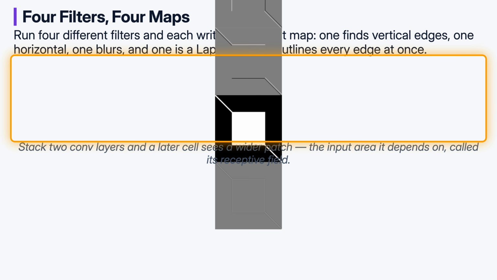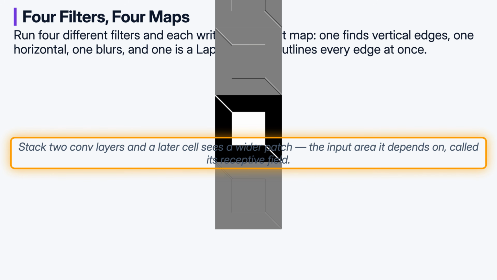The first finds vertical edges. The second finds horizontal edges. The third blurs the picture. The fourth is a Laplacian, and it outlines every edge at once. Stack 2 of these layers, and a later cell depends on a wider patch of the input. That patch is called its receptive field.